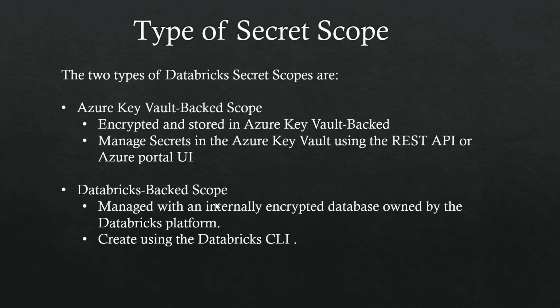In the Databricks-backed scope, you can manage the secret scope only with the help of the Databricks CLI. You can create your secret scope using the Databricks CLI, but you can read it with the help of your notebooks as well. These secrets are managed by a database that is owned by the Databricks platform internally. The data is in an encrypted format, so you will not be able to see the data in it.